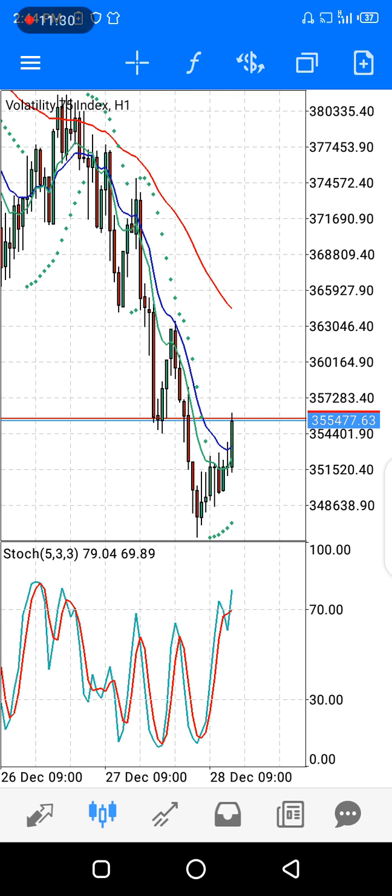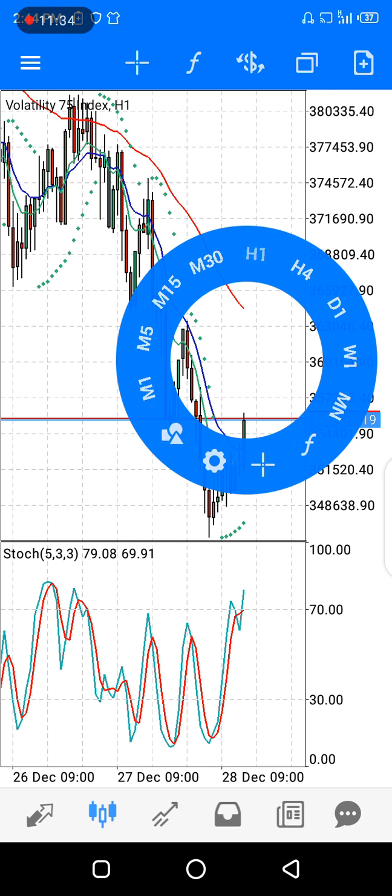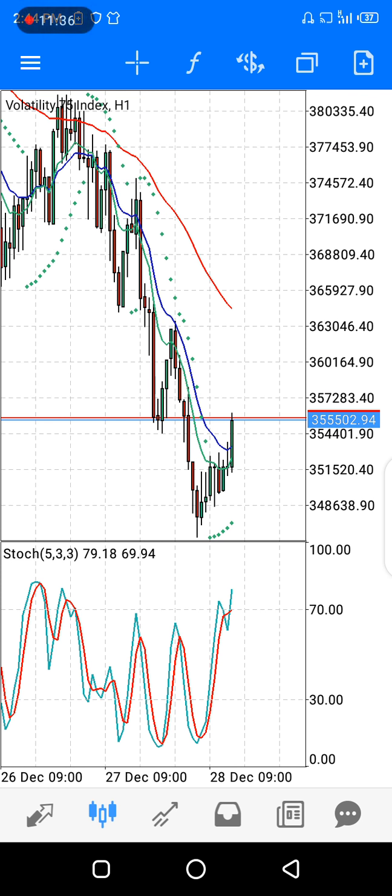We have the parabolic SAR above the candles here, and then the stochastic must be above 70 and returning back. And then we have it over here.